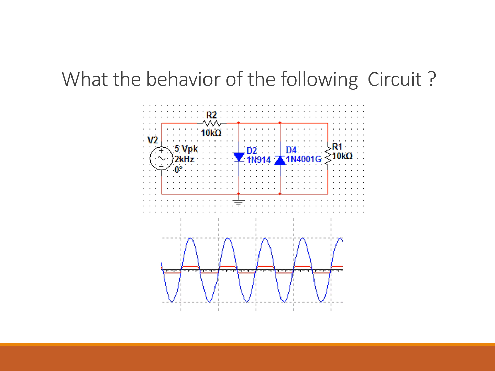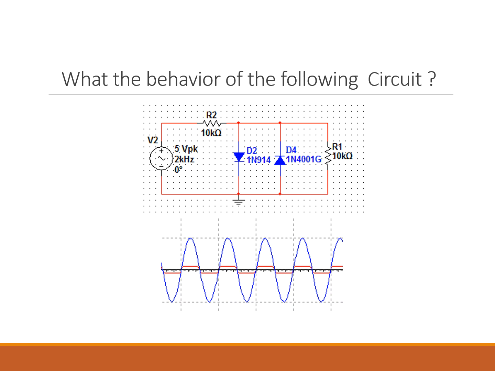During the positive half cycle, that 1N4001G, which is D4, becomes forward biased. It conducts when the voltage exceeds approximately 0.7 volts. So the output is clipped at 0.7 volts, right? During the negative half cycle, D2, the 1N914, is the one that becomes forward biased.